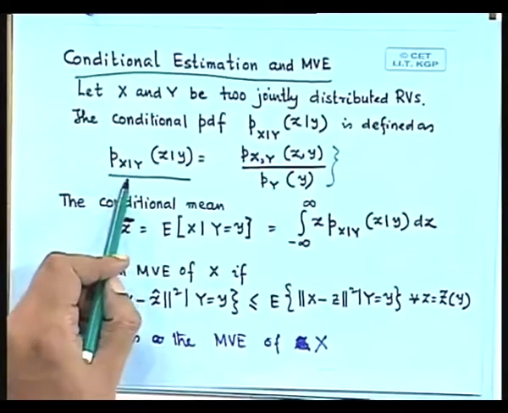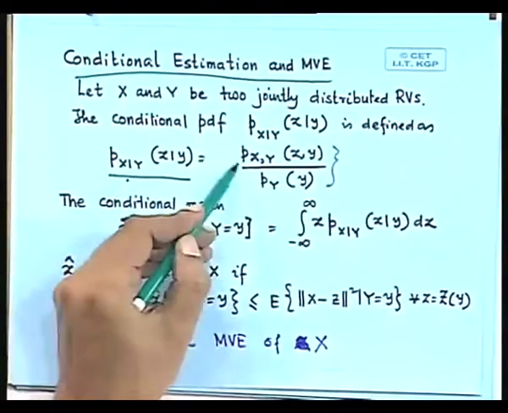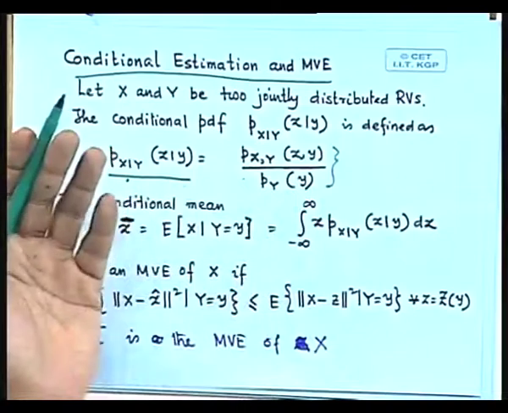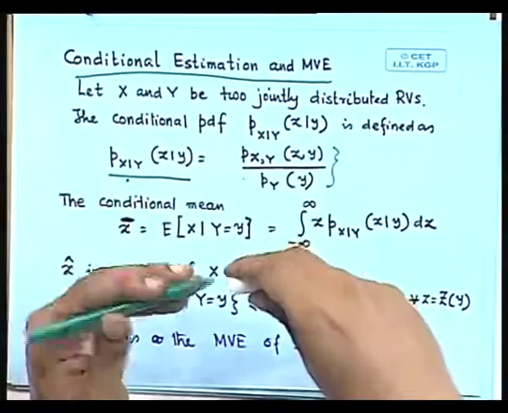This we had also seen earlier. And they are related by the Bayesian rule. So the conditional probability density function is related by this, assuming of course that p_y(y) for a given value of y is not 0.